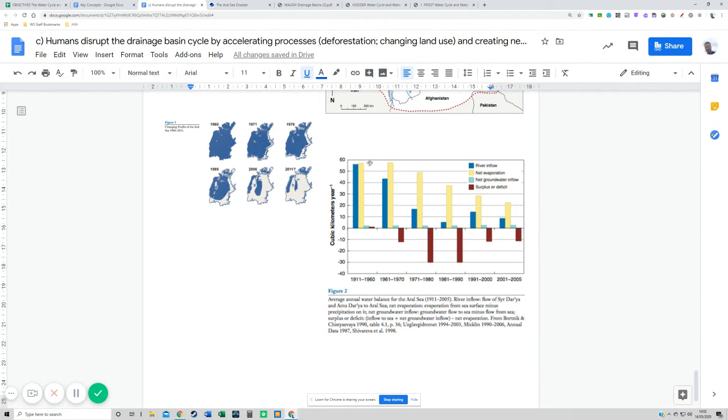If you think about it, there is a bit of a negative feedback system going on here, whereas the net evaporation has been going down as the sea shrunk because there's less water there to evaporate.